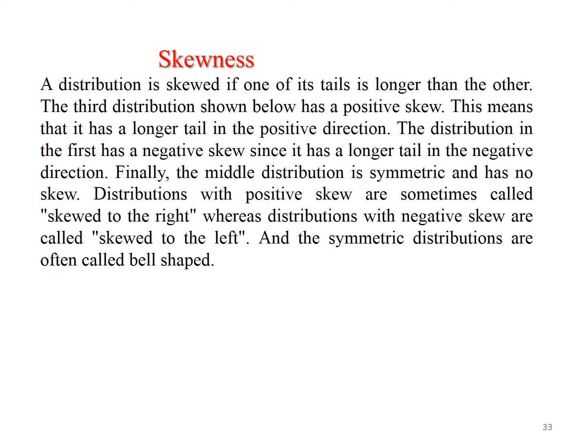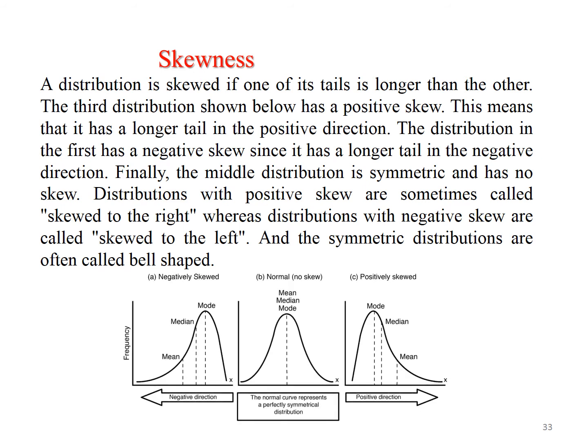A distribution is skewed if one tail is longer than the other. In this distribution we see positive skew. This means it has a longer tail in the positive direction, this direction. Similarly, this longer tail is in the negative direction, so we call this negative skew. This is positive skewed, this is positive skewed, this is negative skewed.